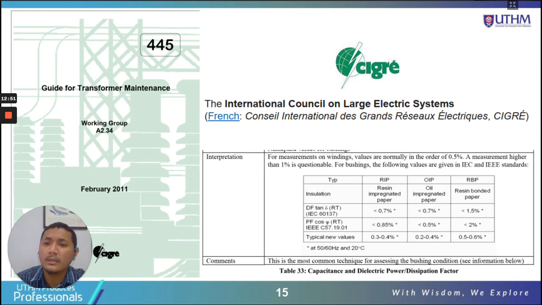This is the name of the working group that consists of experts from industries, from the US, from the UK, from Europe, from China, from all over the world. They attend this working group, discuss and produce this guideline for transformer maintenance in general.